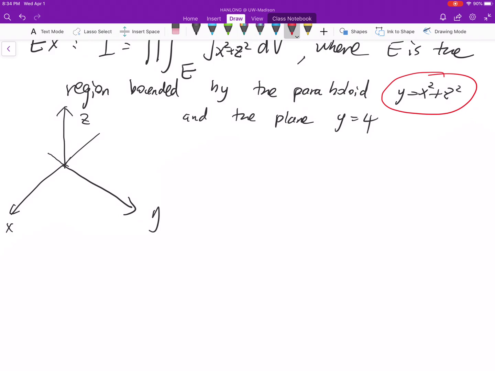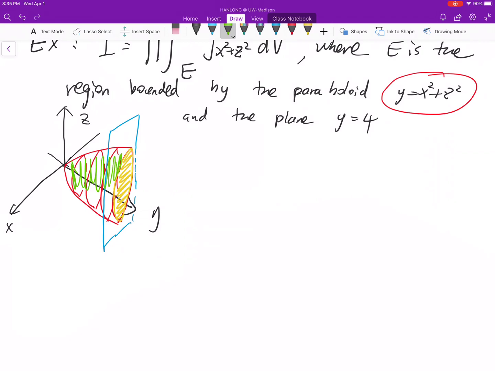Therefore, you may draw it like the following. And then y equals 4 is just a horizontal plane intersecting this parabola. I use the yellow color. Okay, then the solid is the region, the green part.